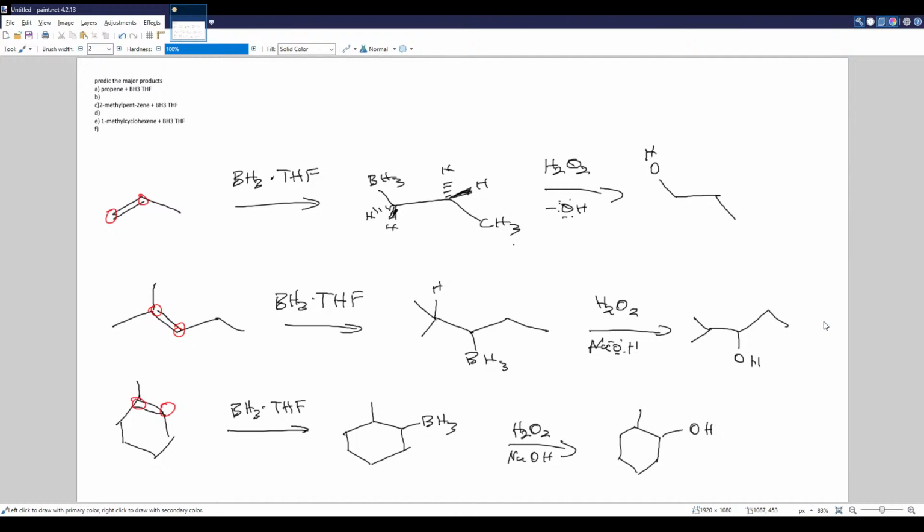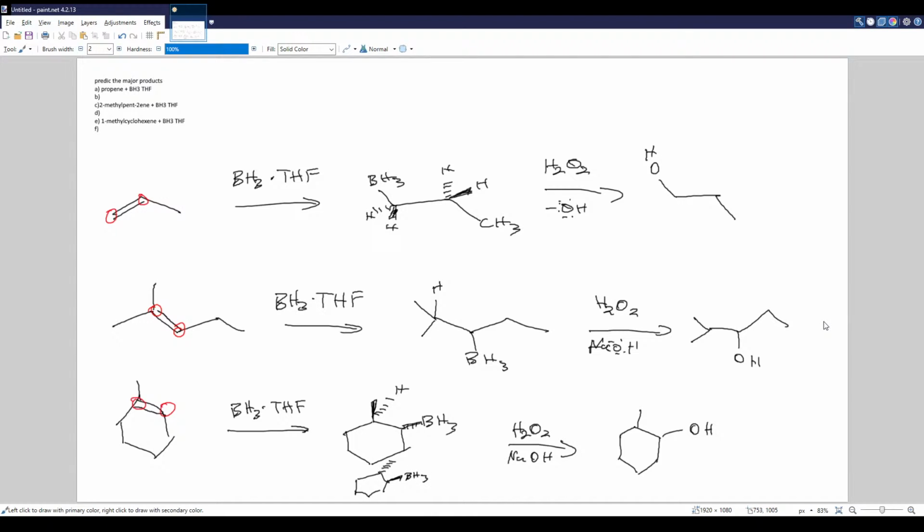It's a syn addition. So for this it will be like that with the H and that. Or we could have the enantiomer. I knew I was going to forget something.